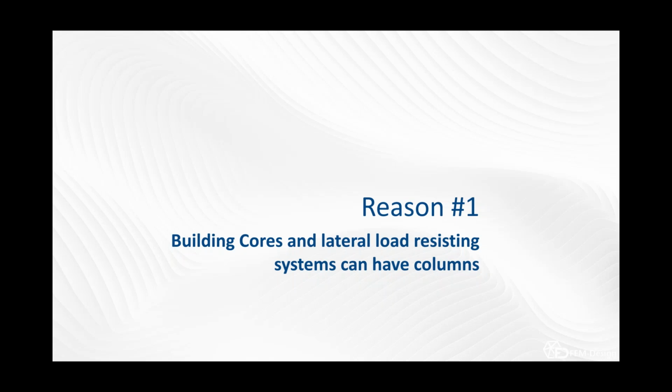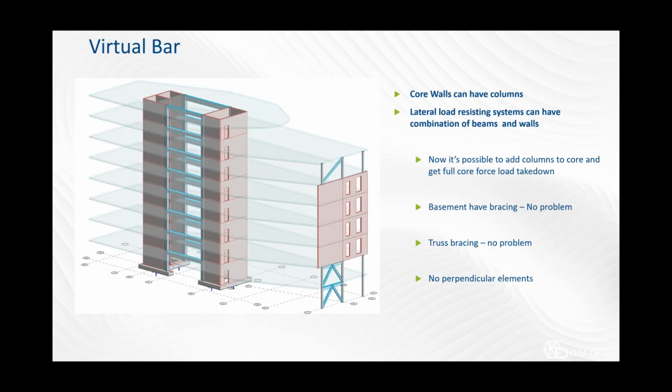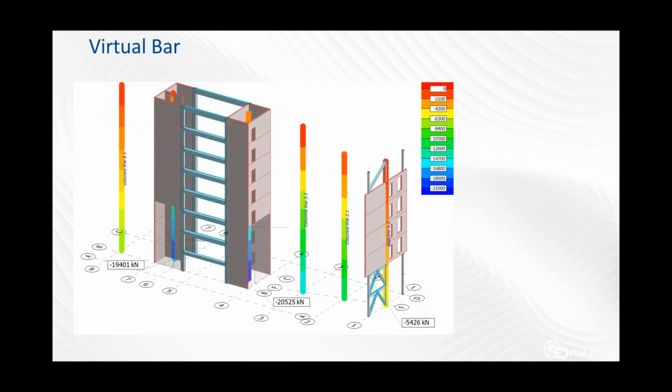So, building cores and lateral load resisting systems that also have columns. Now, as you can see, we can have this odd combination of columns, walls, beams, and trusses, and therefore it's quite difficult to do a load distribution.